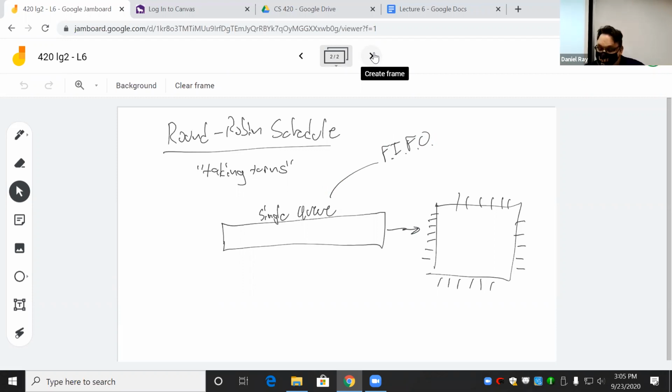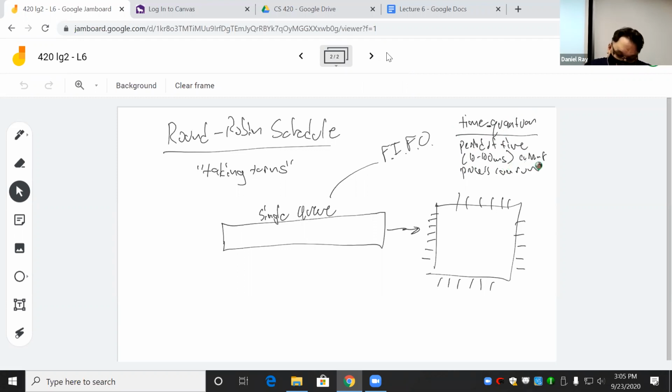Okay? With the added wrinkle that there is this notion of a time quanta or time quantum. Okay? This is a period of time, say 10 to 100 milliseconds, or microseconds, during which the current process can run.